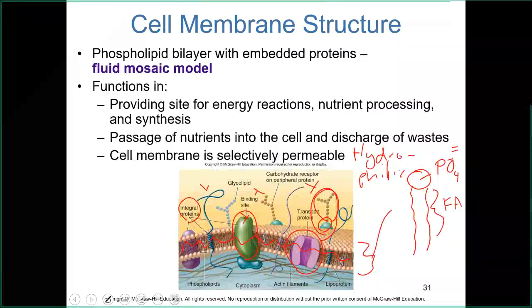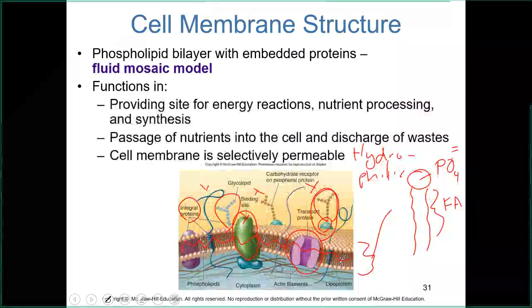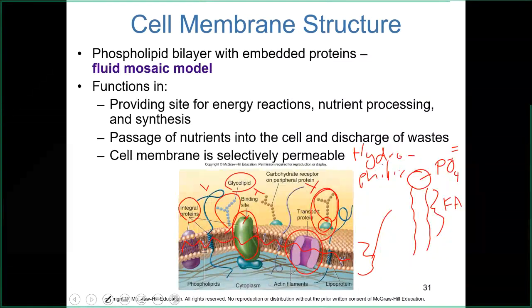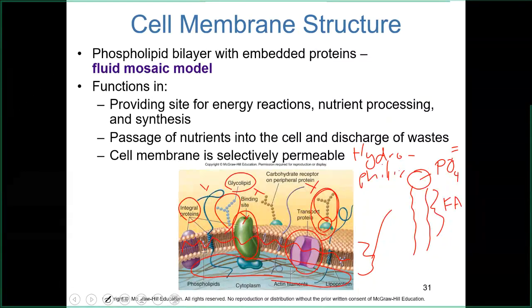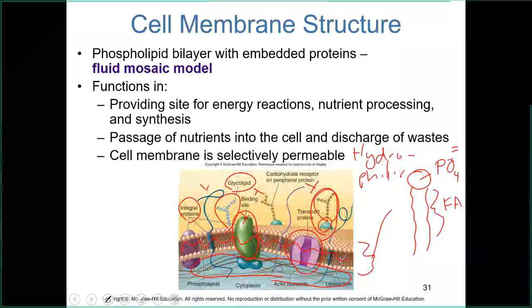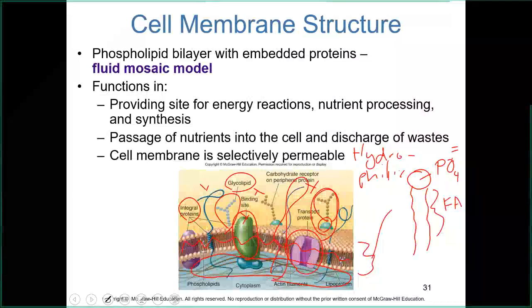So you can have proteins with sugars attached. You can also have sugars attached, as is the case here, directly to the phospholipids. And so that combination of phospholipid plus sugar is called a glycolipid. And you've got actin filaments running below the cell membrane. You've got proteins like these that are filamentous that are extending out from the cell. So lots of different things there.